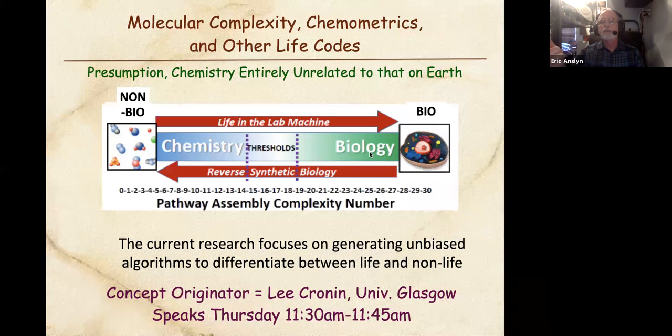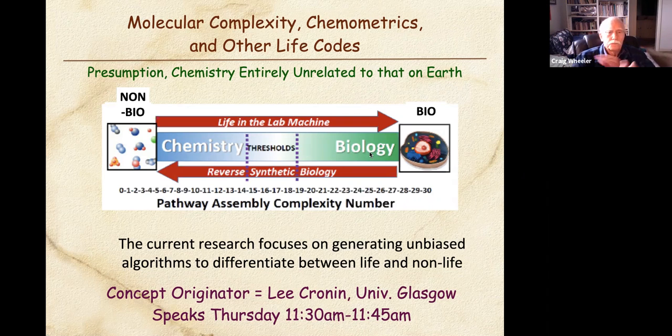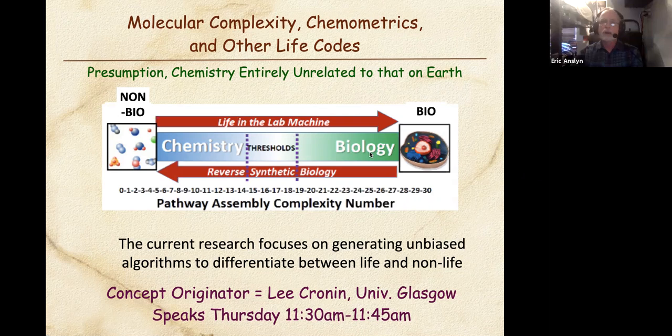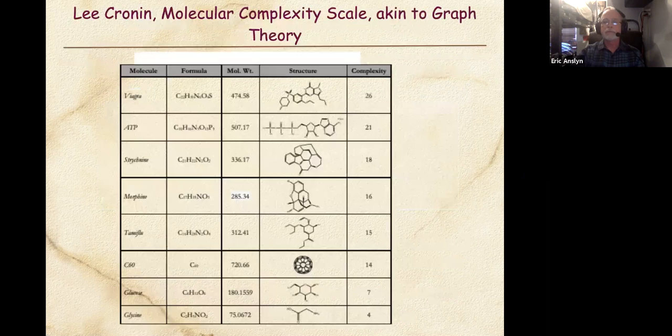So instead, let's be totally agnostic and look for a molecular complexity, where the complexity of the molecules beyond a certain stage could only be generated by life. This is an idea that he and I generated when we coincidentally ran into each other at a NASA think tank conference. And he has really taken the idea and moved it forward dramatically.